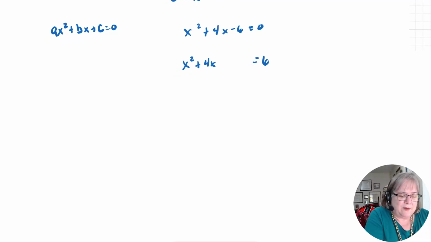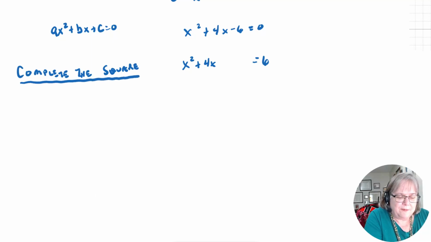All right, so to complete the square, the first thing is it has to have a lead coefficient of 1. And I'll work a couple that don't have that.